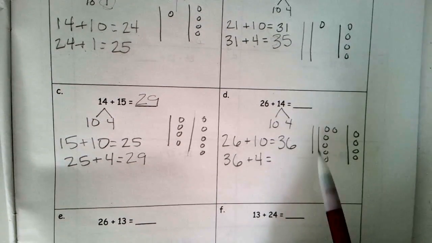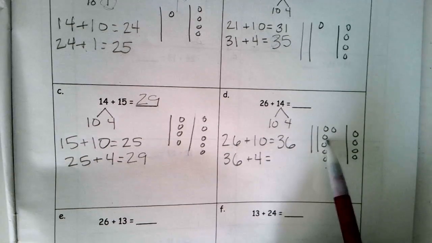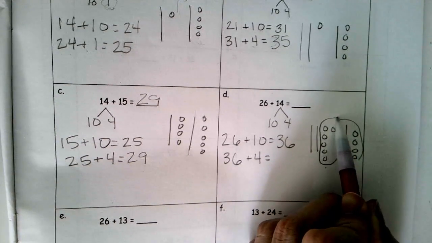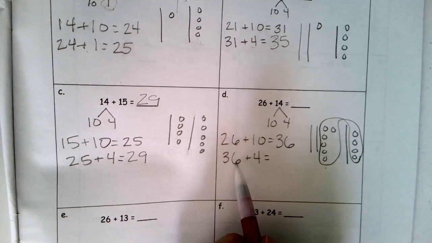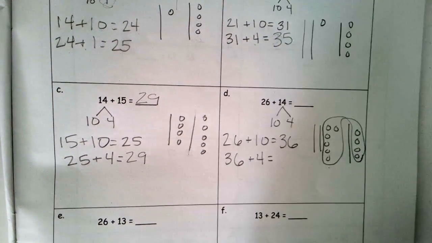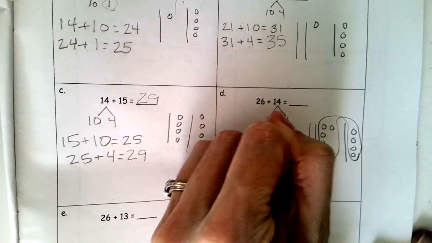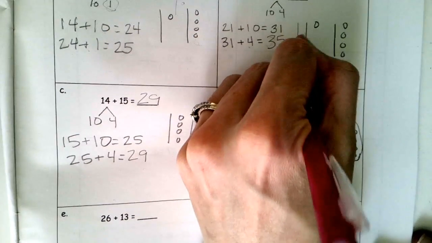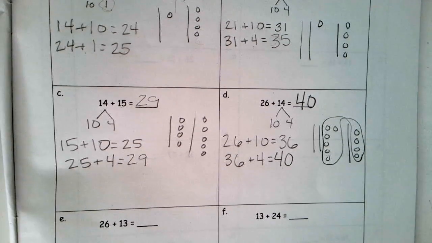Okay, I have 6 1s and 4 1s. Ooh, 6 and 4 make a 10. Okay, so 36 and 4, 36, 37, 38, 39. That made a new 10. It gave me 40, right? 10, 20, 30, 40 is our answer there. All right? Good work, mathematicians.